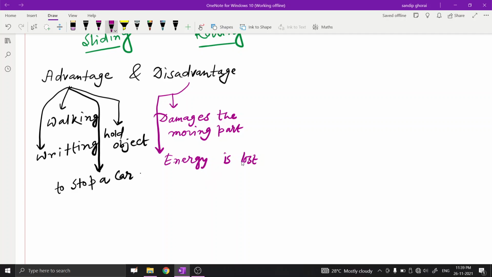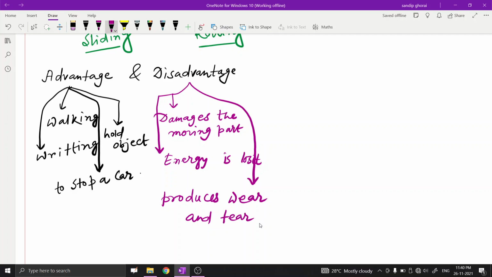And also friction produces wear and tear.